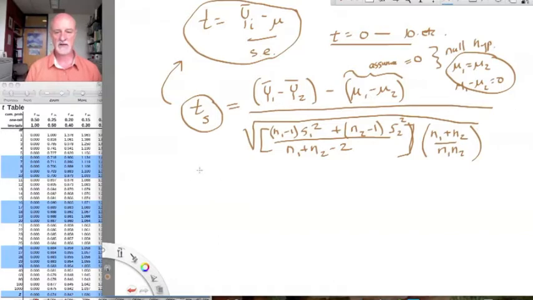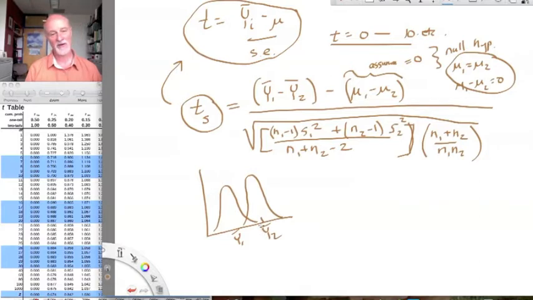So let's take a look at what that might look like. Not very nice axes there, but I'm going to go ahead with it. So we have y1 bar here. Oh, there's my white-throated sparrow. And then we have y bar 2. Thank you, clock. This is why I haven't been doing these in my office, because I have a white-throated sparrow in my office.